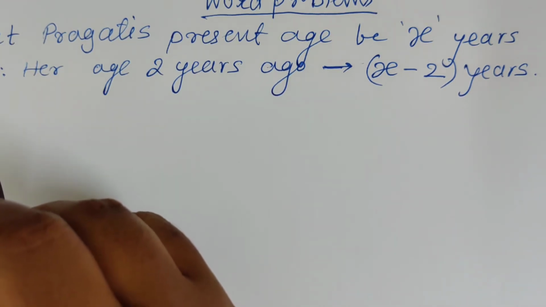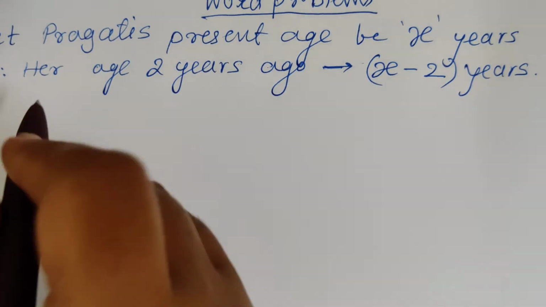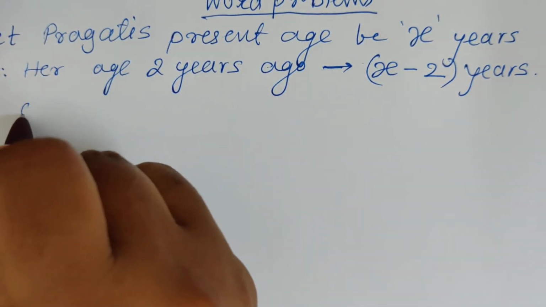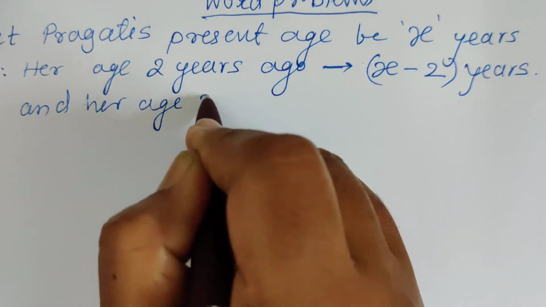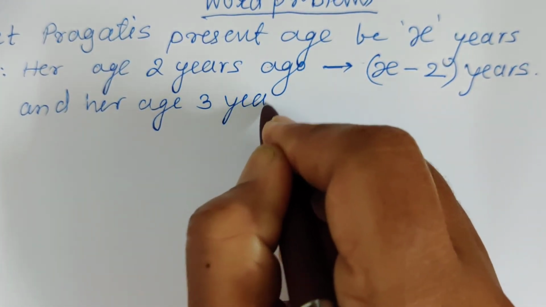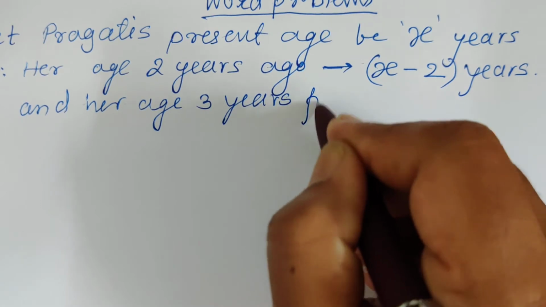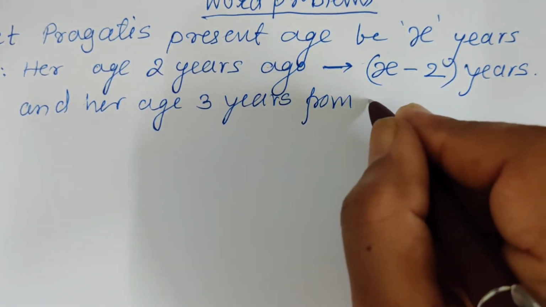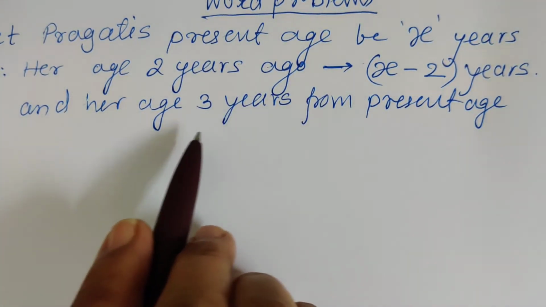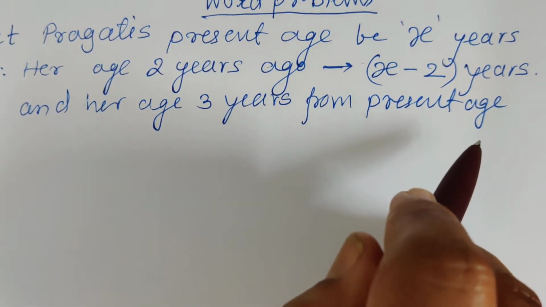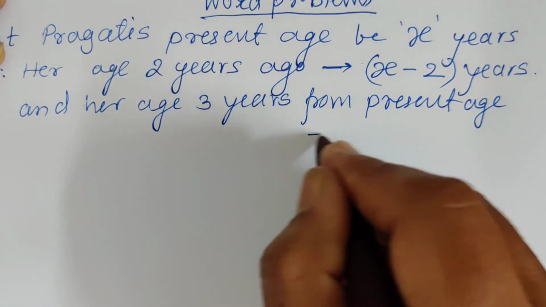So 2 years ago, that is x minus 2, and 3 years hence, that means after 3 years, her age from now will be x plus 3.